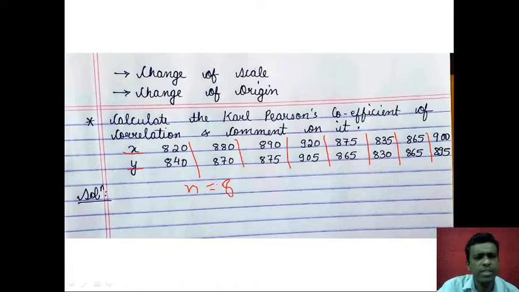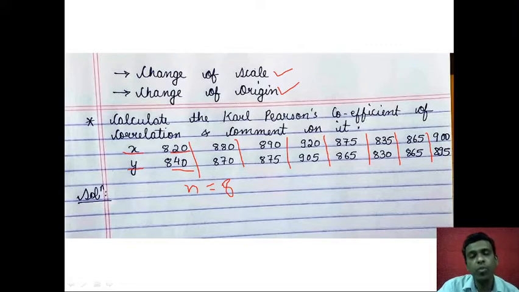Now this is the same as what we have done previously. You can go with the previous method itself that we have seen, but you can use change of scale as well as change of origin like what we are going to do in this problem. It's not compulsory to always do change of scale or change of origin, but if you want to reduce these numbers, that is 820, 840, into much smaller numbers so that it becomes easier for you to calculate, then you can use this method.